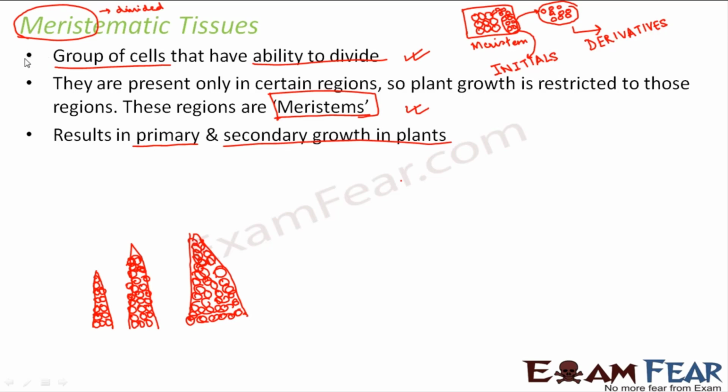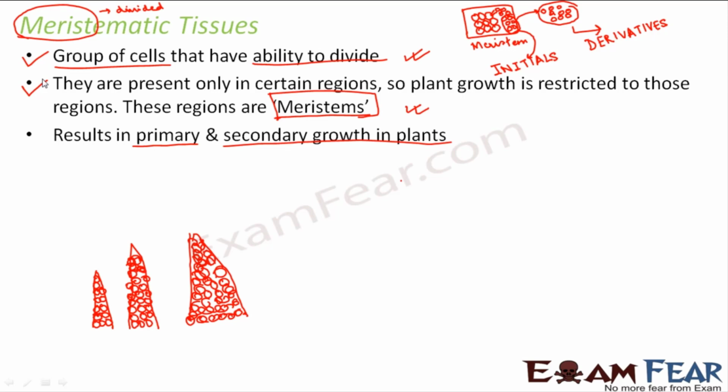Right? So now you understood what meristematic tissues are, the tissues which have the capability to divide. Because of these tissues, growth is seen in plants. The growth is limited to certain regions because these tissues are present in certain regions, and those regions are known as meristems. Now what happens inside the meristem? When the cells divide, new cells are formed. Some new cells remain inside the meristem.